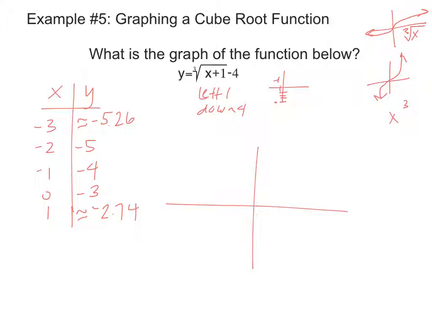All right, so when we graph, -3 and then negative 5.26 is about somewhere down here. Negative 2 is negative 5, so that's right here. Negative 1 is negative 4. 0 is negative 3. And 1 is negative 2.74, so that's about here.